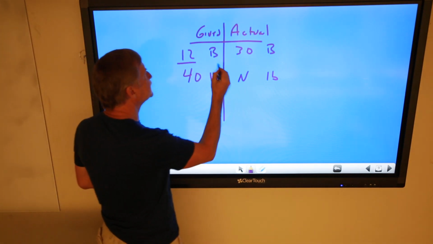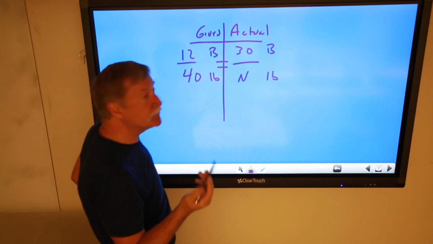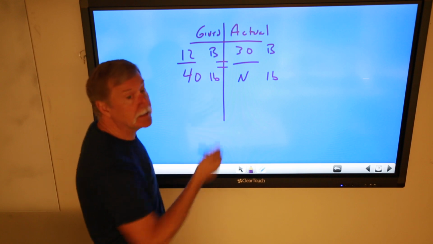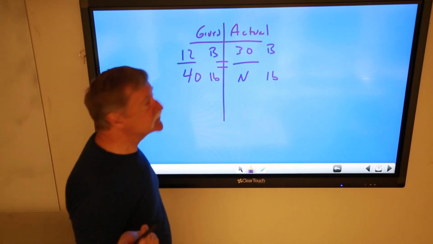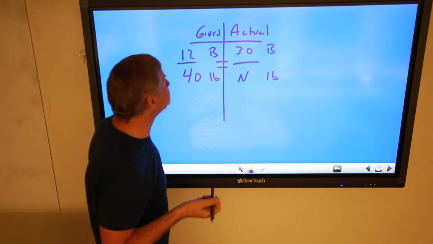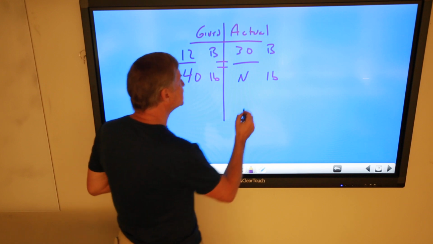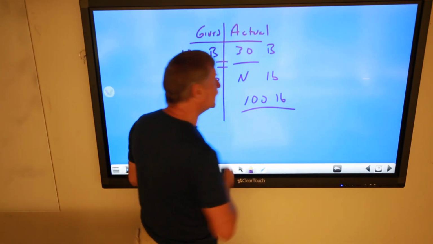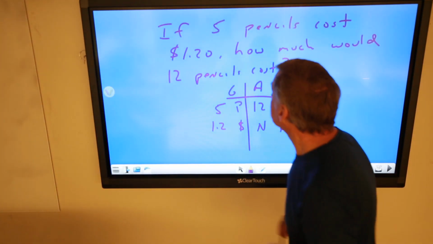Well, that gives us our proportion. 12 over 40 is equal to 30 over something. We can solve the proportion simply by cross multiplying and dividing by 12. 30 times 40 doesn't need a calculator. It's 3 times 4 with 2 zeros after it, which is 1200. And 1200 divided by 12 says that if you got 30 math books, you got 100 pounds of books there. Makes sense? All right, let's try another one.